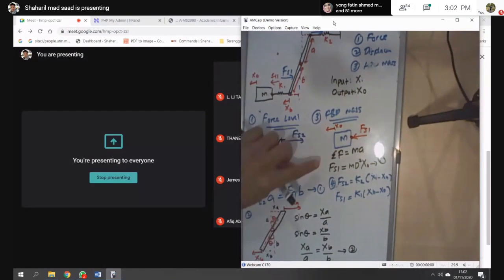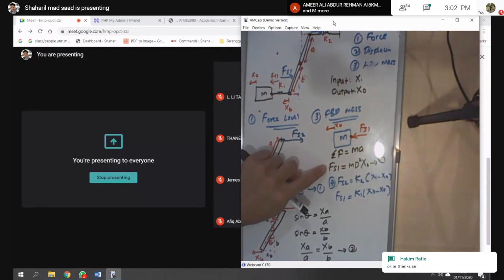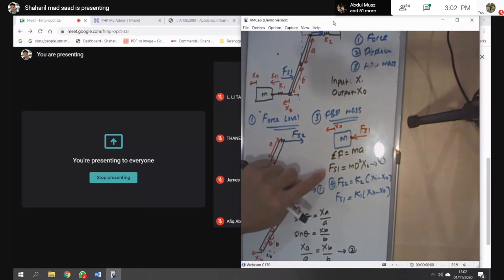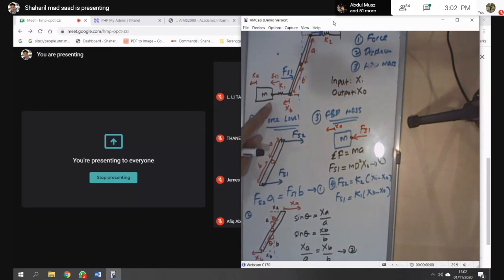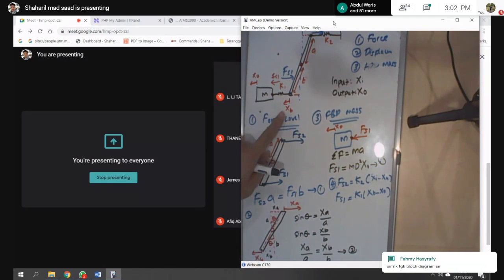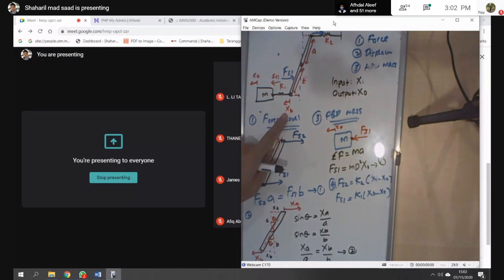Alright, for this one, why I just put it as plus, right? Because the input that goes to this mass actually is the XB, right? The XB, okay? Goes to this mass. So that means this XB will become the input.